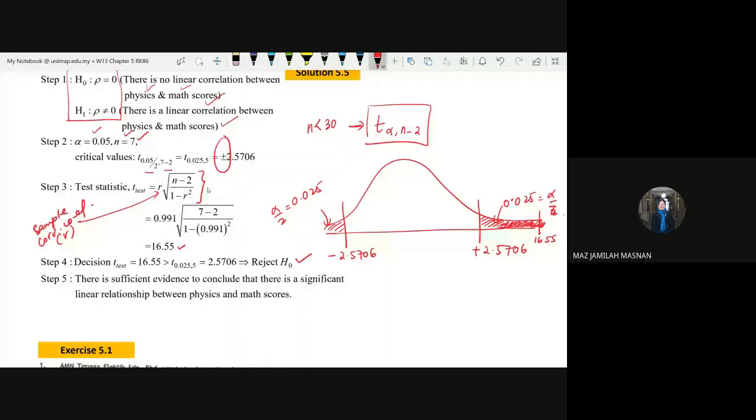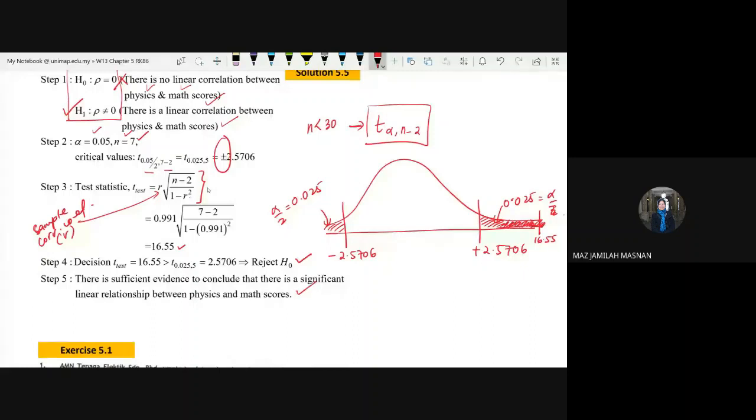Reject the null hypothesis means that we have sufficient evidence to conclude that there is a significant linear relationship between the two variables, visit and net score.